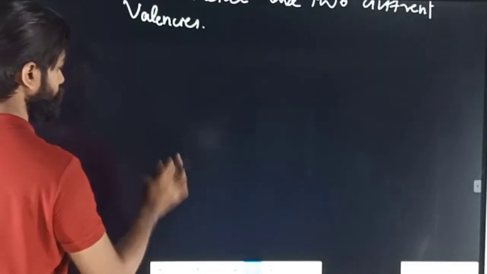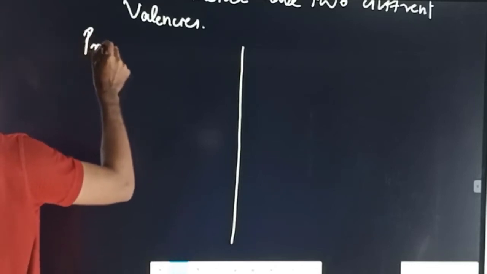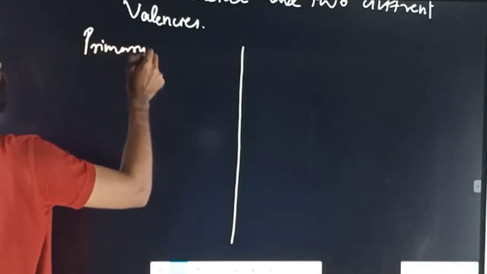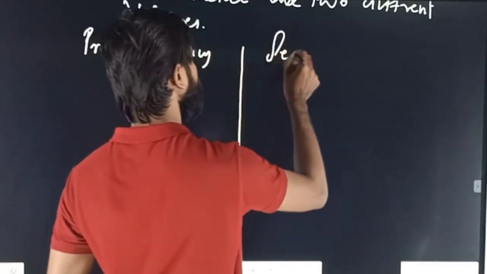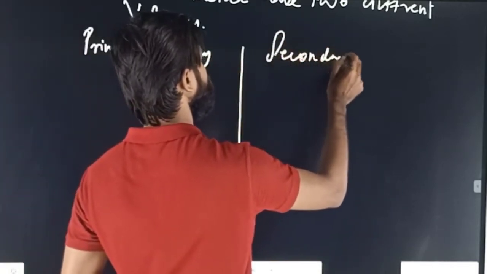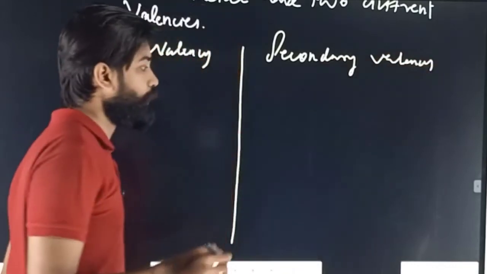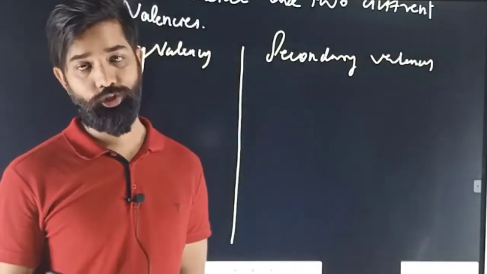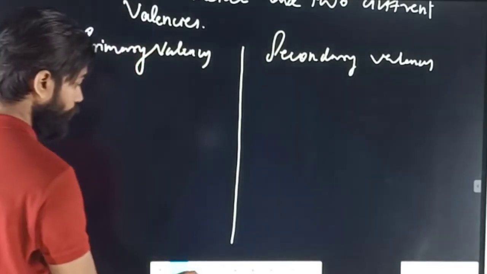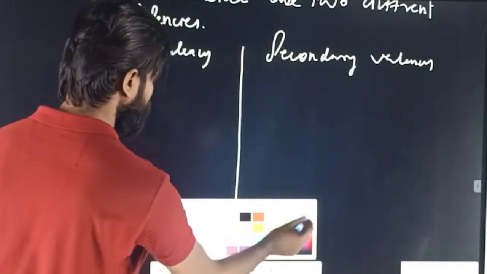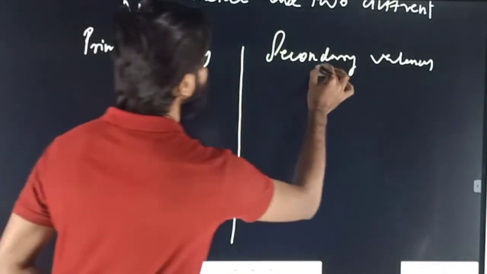The first valency is primary valency, and the next is secondary valency. The primary valence is our oxidation state and the secondary valence is the coordination number of the central atom. Nowadays we know what oxidation state and coordination number are, so that's exactly the primary valency and secondary valency.